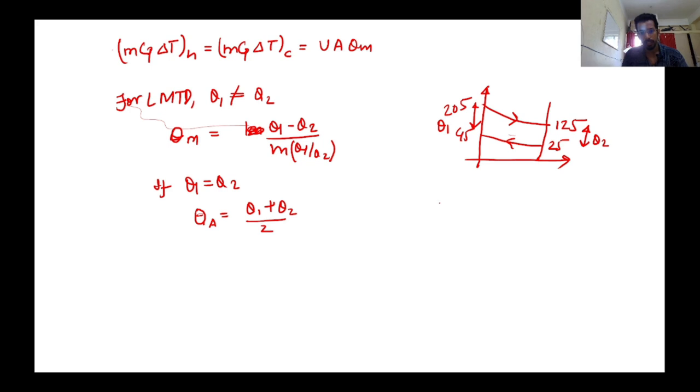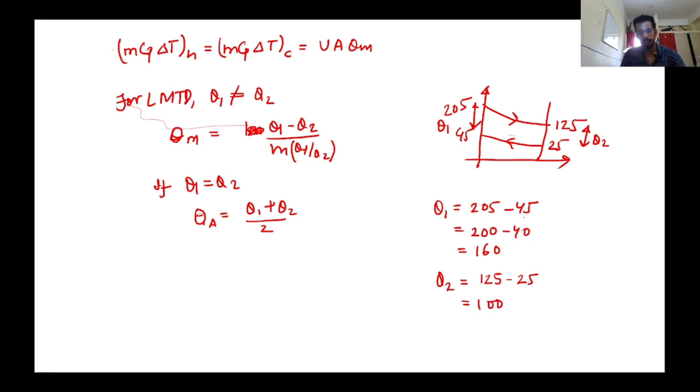So let's see, theta 1 will be 205 minus 45, so 200 minus 40 will become 160. Theta 2, just calculate it yourself: 125 minus 25 will become 100.